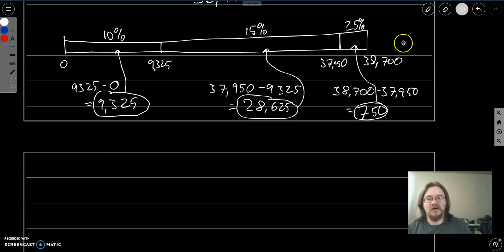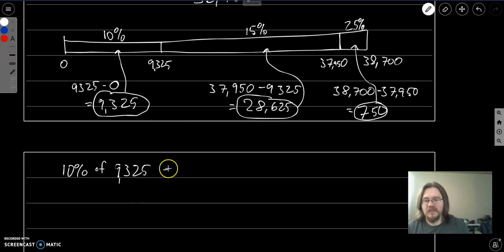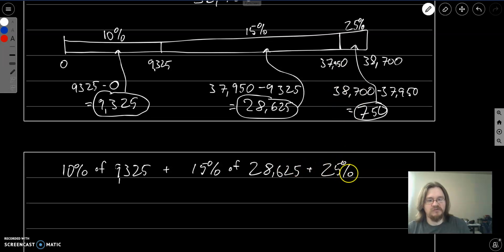So to calculate all the taxes, we need to tax this at 10%. So we want 10% of 9,325 plus 15% of 28,625 plus 25% of 750. Cool.